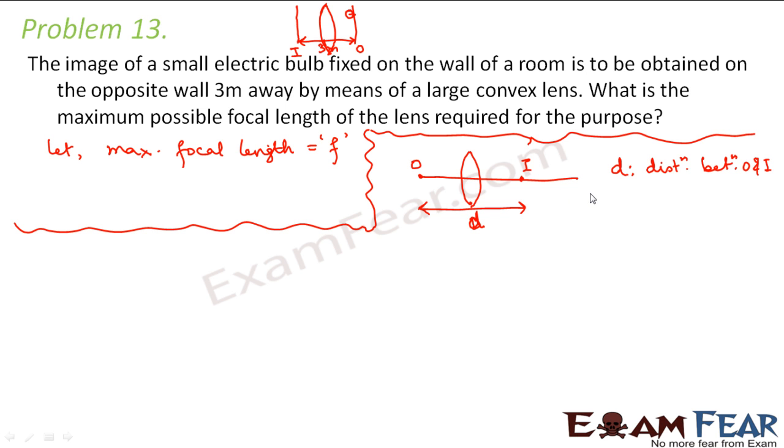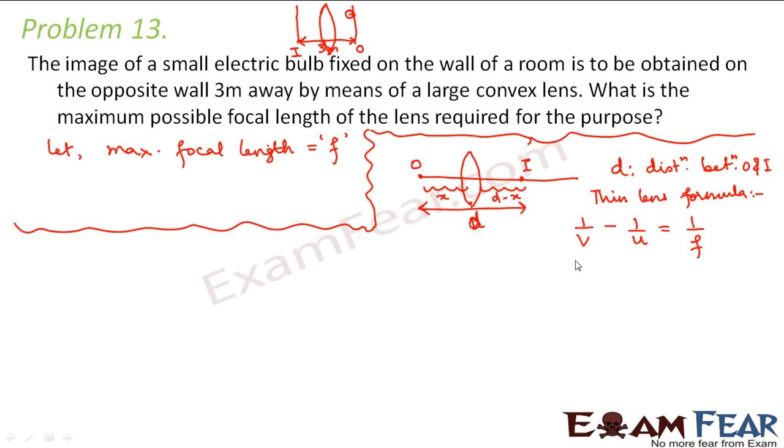Now if I apply the thin lens formula, we know that 1 by v minus 1 by u is equal to 1 by f. Let us say that the object distance is x. Then what would be the image distance? It would be D minus x, right?